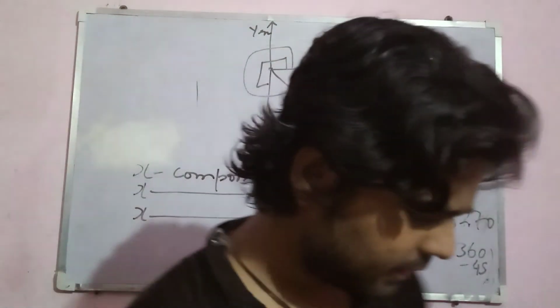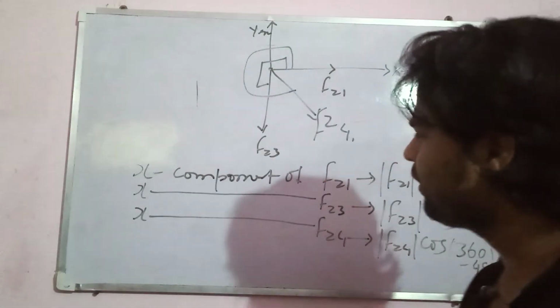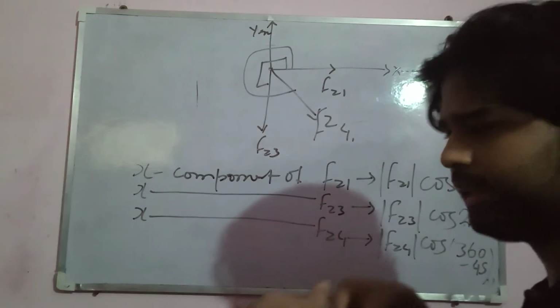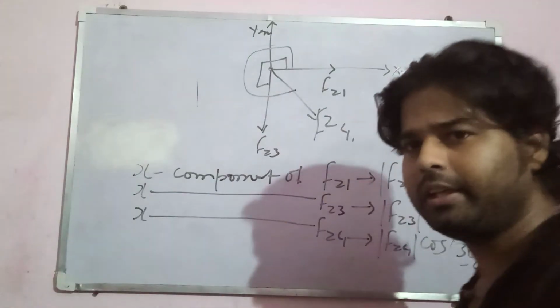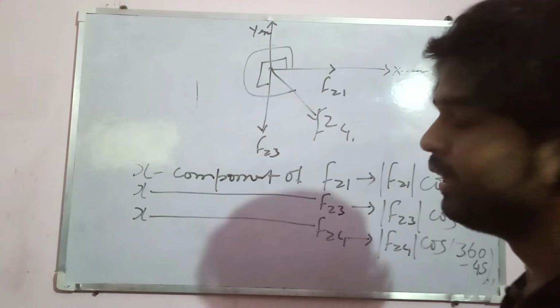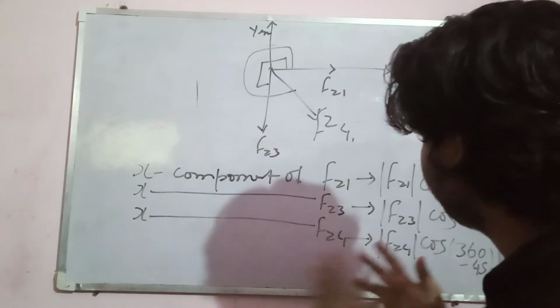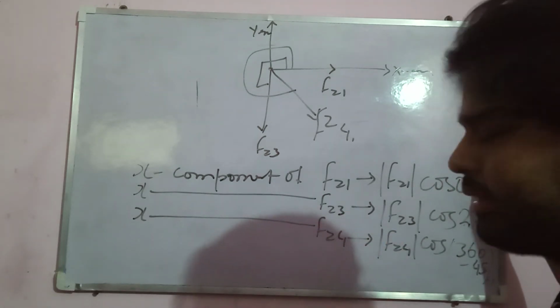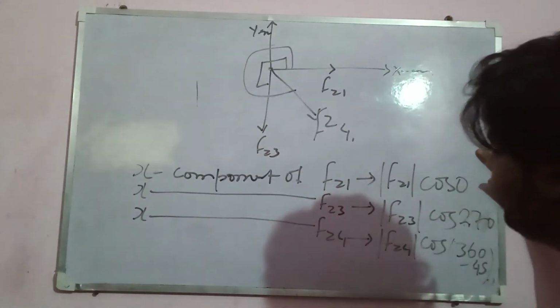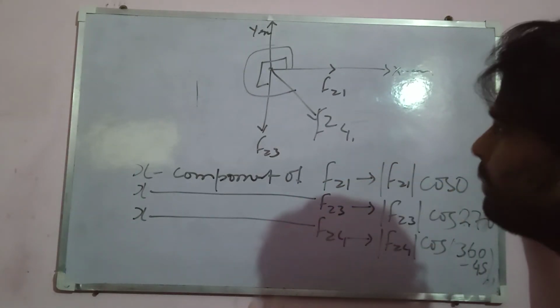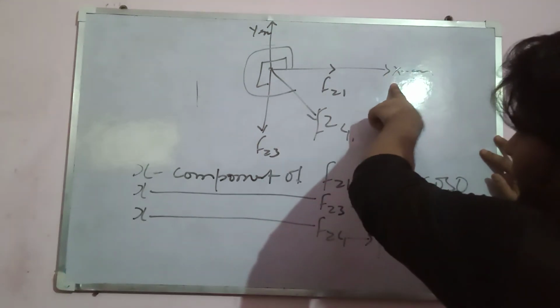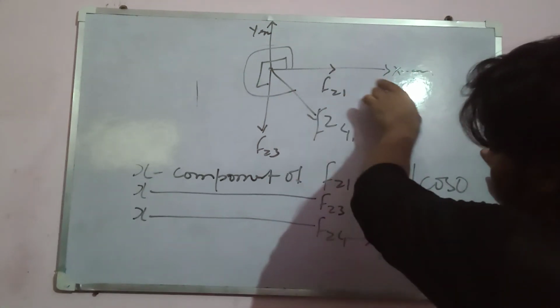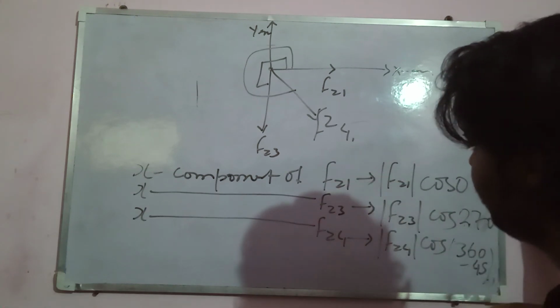See why I have taken these things. In the component process, we'll have to find the x component of the first vector, similarly the x component of the second vector, and similarly the x component of the third vector. To find the x component of the first vector, I need the angle made by the first vector with the x-axis.